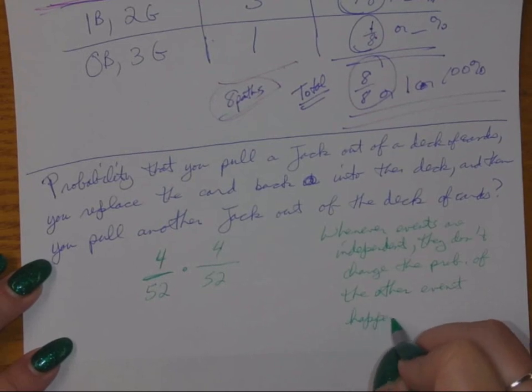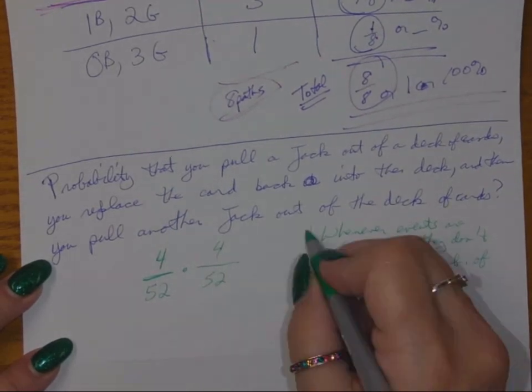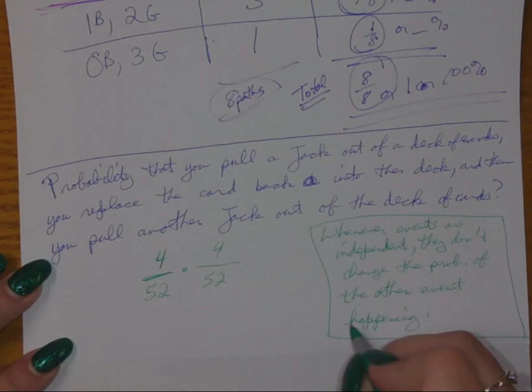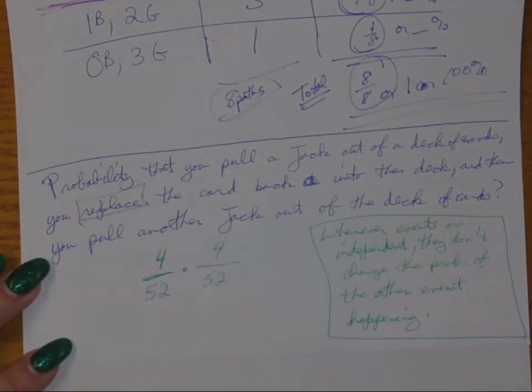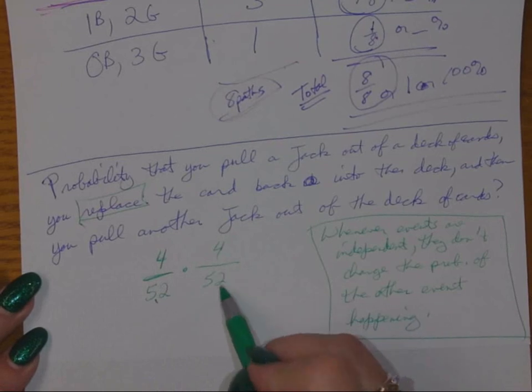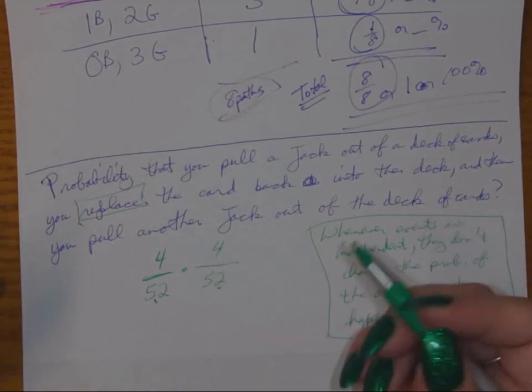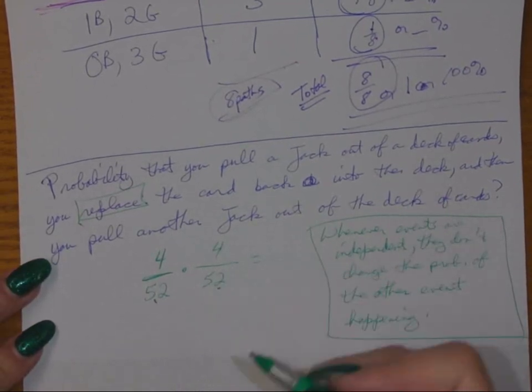Remember we had that definition at the beginning. What that means here is that when you replace the card, these are independent events. All we care is that we want a jack and we want another jack. So those probabilities are the same, 4 out of 52 times 4 out of 52.